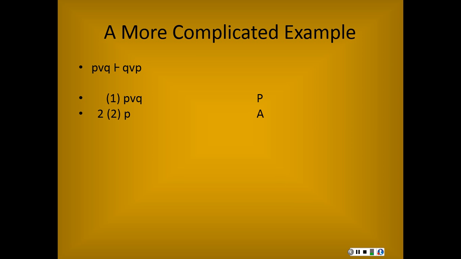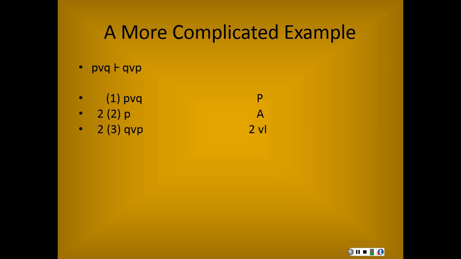So I'm going to assume P and then try to get Q or P. Well, now that I've got P, I can easily get Q or P via the rule of disjunction introduction. So I infer Q or P from P via disjunction introduction.